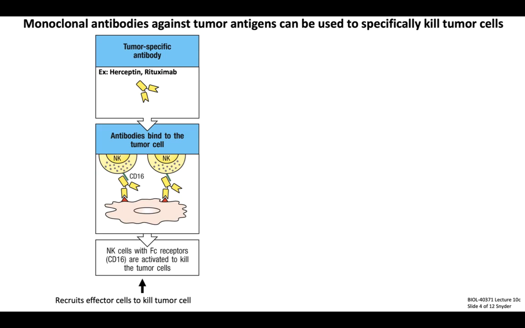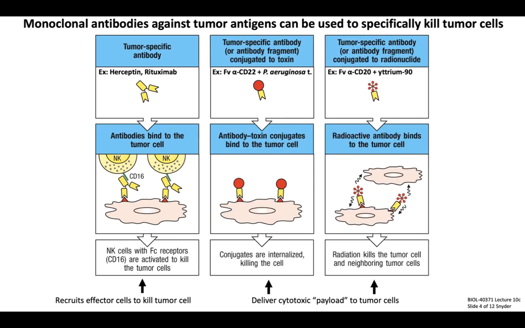Examples of immunotherapies that work this way include Herceptin, which recognizes HER2, which is an antigen that's overexpressed in some breast and ovarian cancers. There's also an antibody called rituximab, and this is an anti-CD20 monoclonal that has worked well in the treatment of non-Hodgkin's B-cell lymphomas.